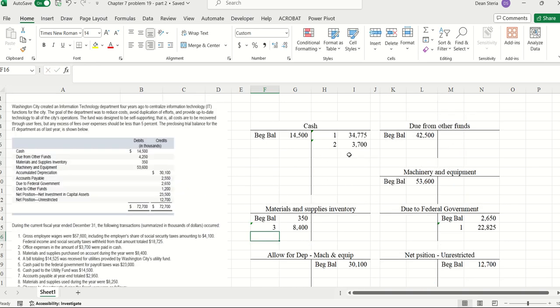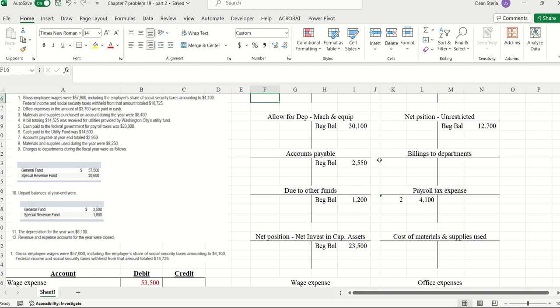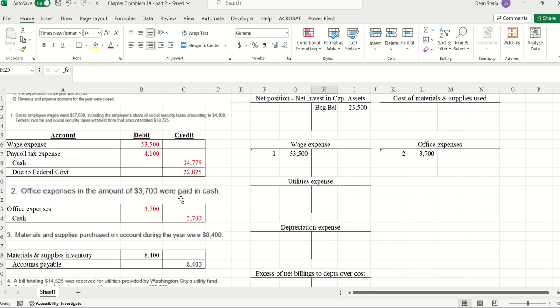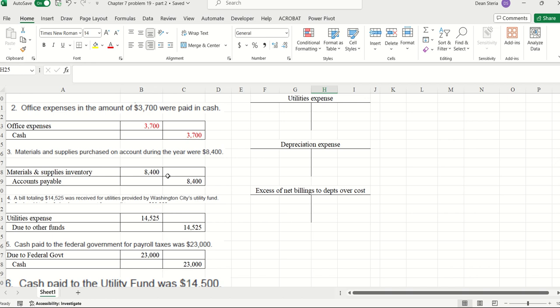And I believe we had accounts payable. Where is accounts payable? There we are. We're going to credit that for the 8,400. And again, remember, at any point in time, after we've done these entries, like right now, you could do a trial balance and it should be balanced because we've been doing balanced entries all along. Okay.